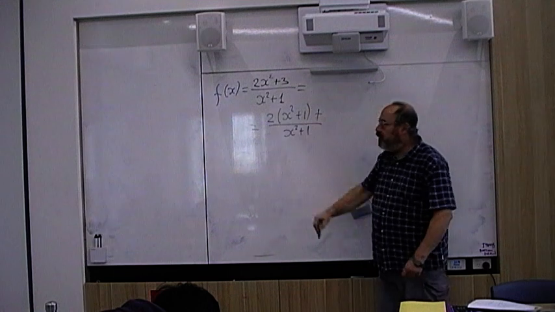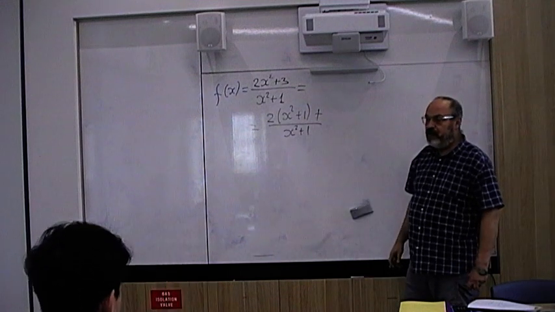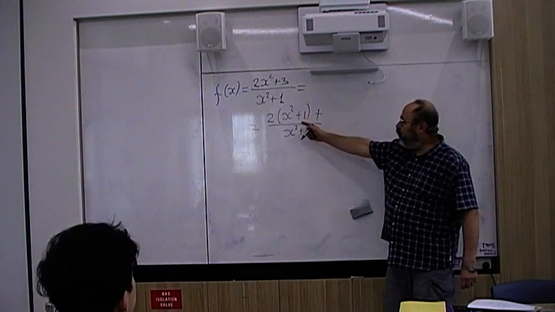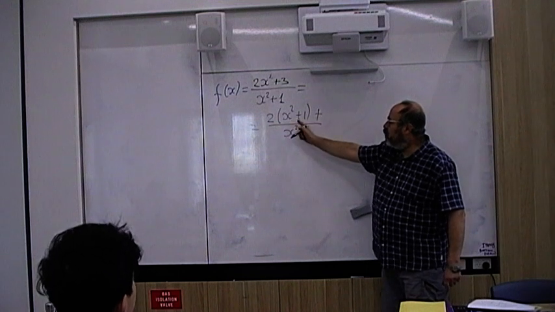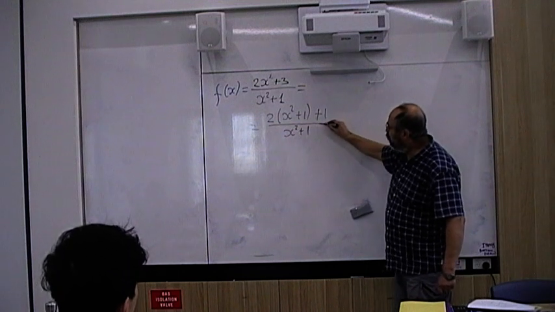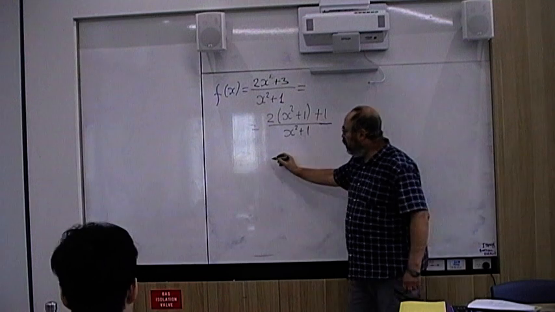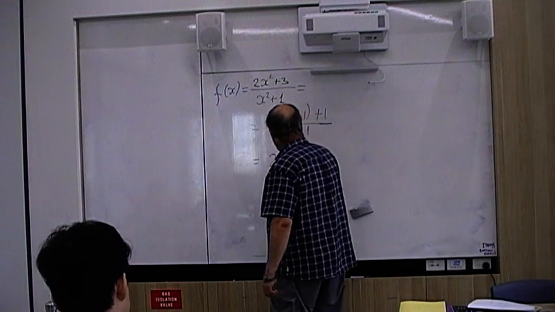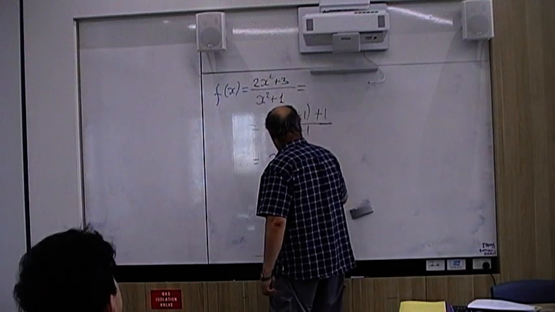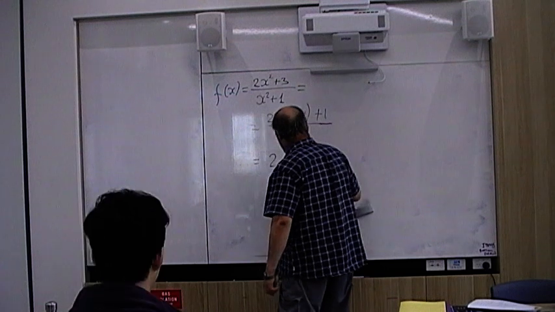We have 3 as 2 plus 1. If you expand 2 times x squared plus 1, you get 2x squared plus 2, and plus 1. So it equals 2 plus 1 over x squared plus 1.